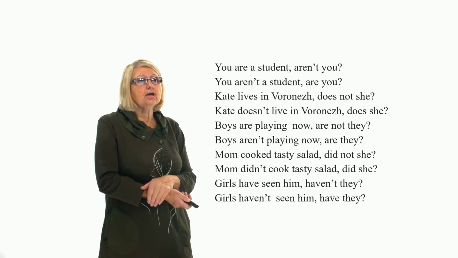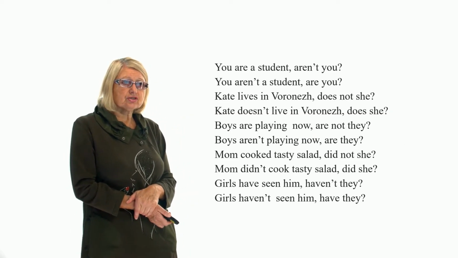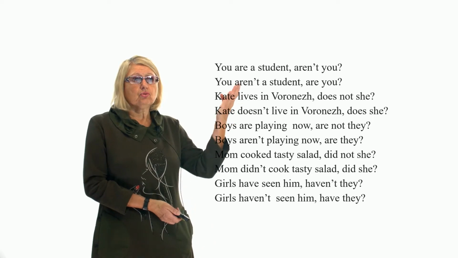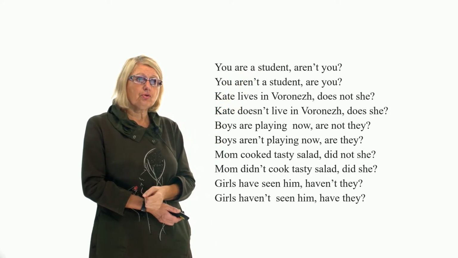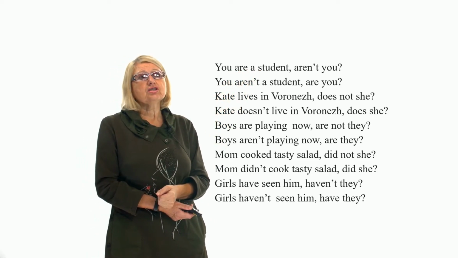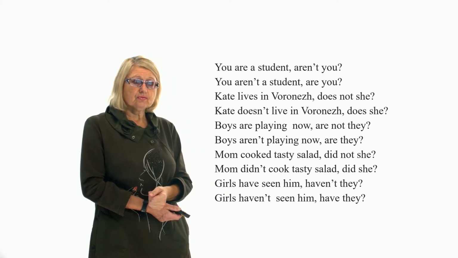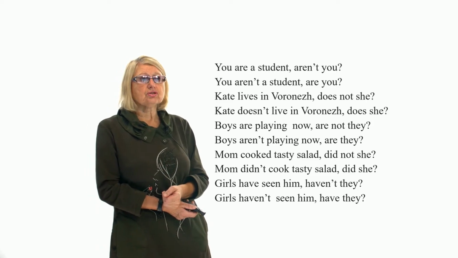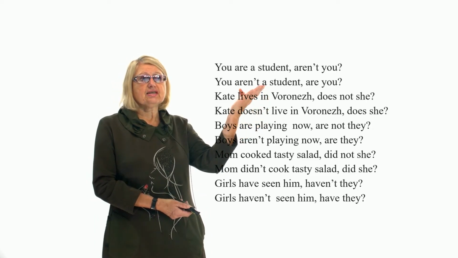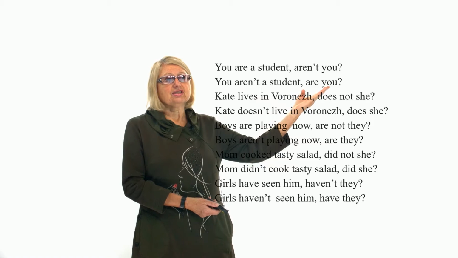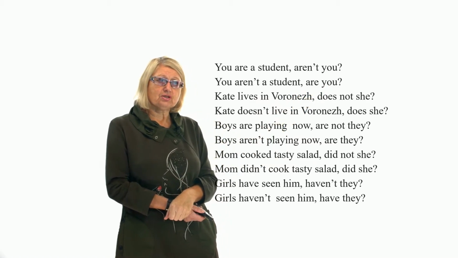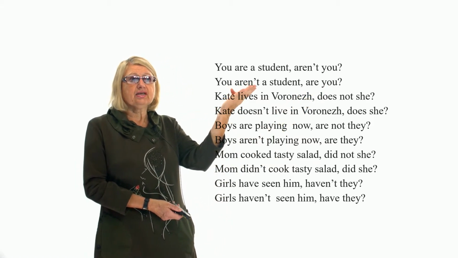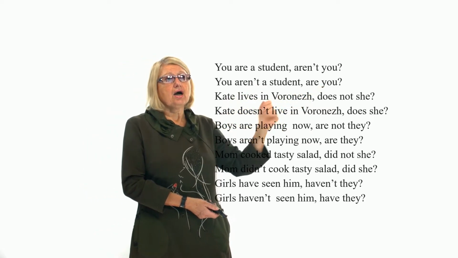Let us look at the questions. So, you see, it is an affirmative sentence. You are a student, aren't you? You aren't a student, are you? If the sentence is negative, the tag is affirmative. You see, here aren't, here are.